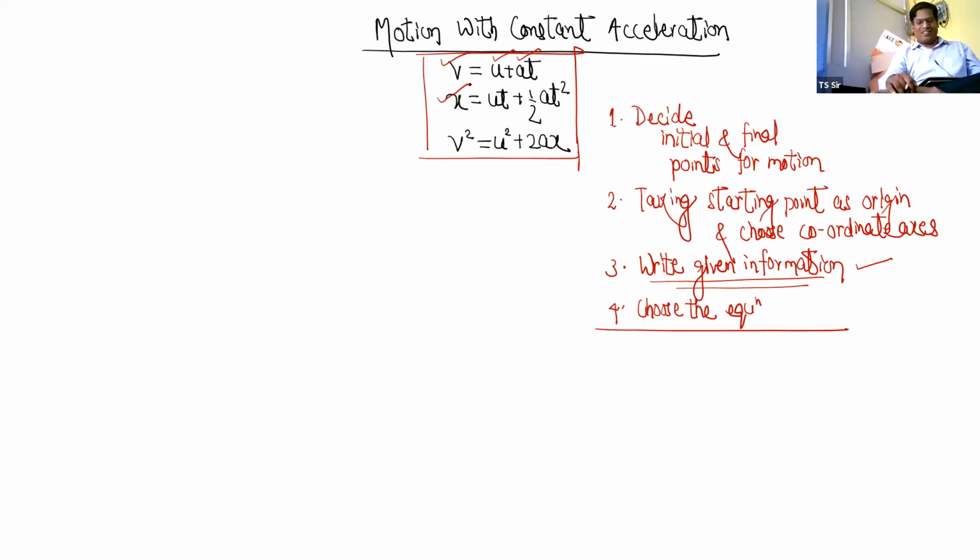Better write it as x. In the formula x equal to ut plus half at square, the quantity on the left hand side of the equality sign is position. This formula always defines position. Sometimes position becomes equal to distance, sometimes equal to displacement, sometimes it may not be.